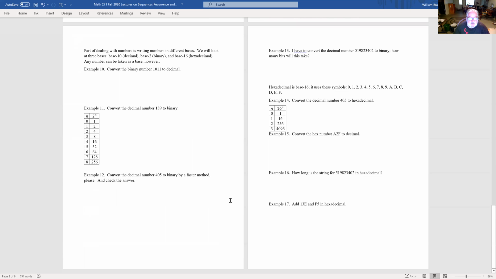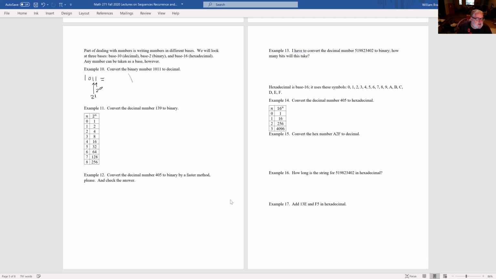So the last thing is just thinking about different bases. Base 10, base 2, base 16, but any number can be taken as a base. So binary is base 2. Here's a binary number, 1011, and we want to convert it to decimal. What does that mean? Well, this is my 2 to the 0 coefficient.